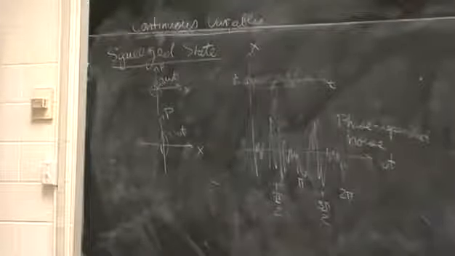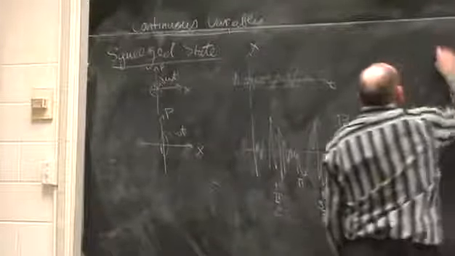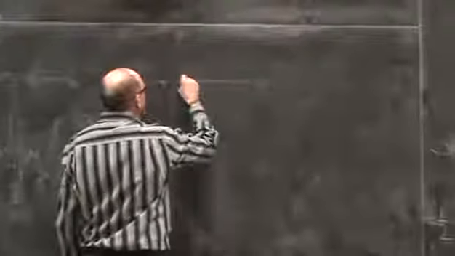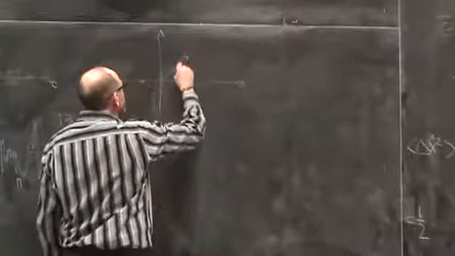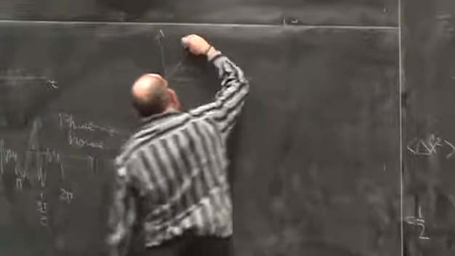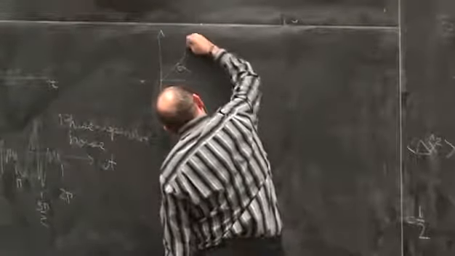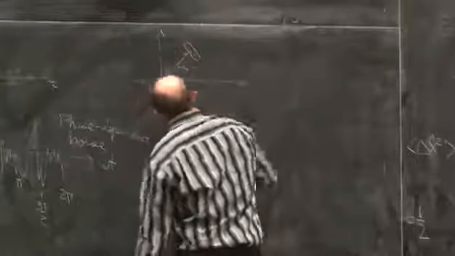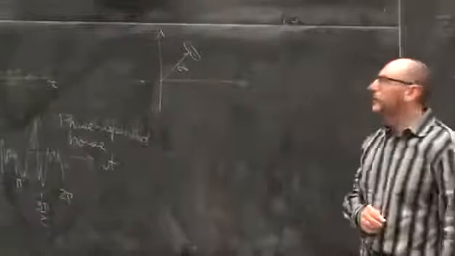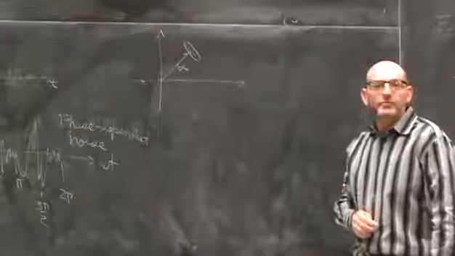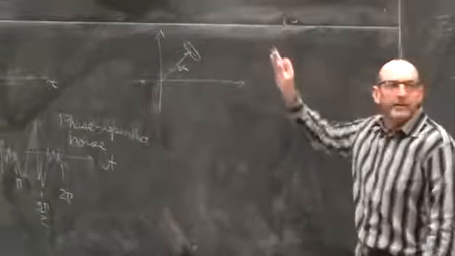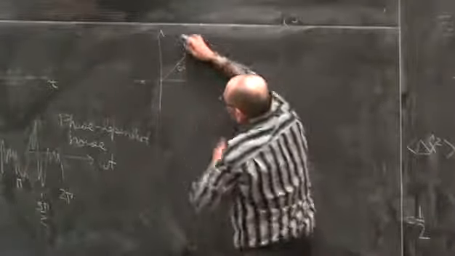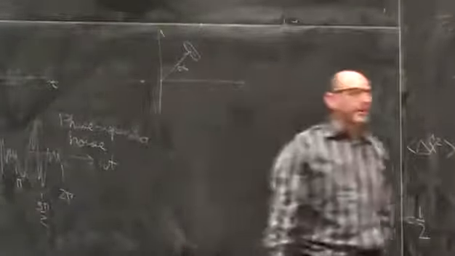What about this state? Let's say I had a state that looked like this. It had a mean field, but the uncertainty is smallest along alpha and greatest perpendicular to alpha.